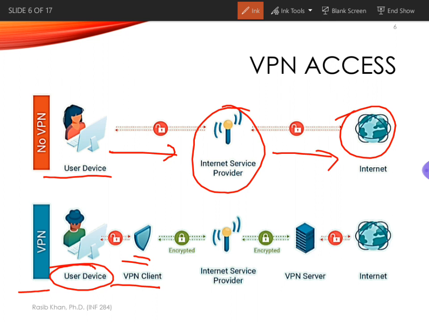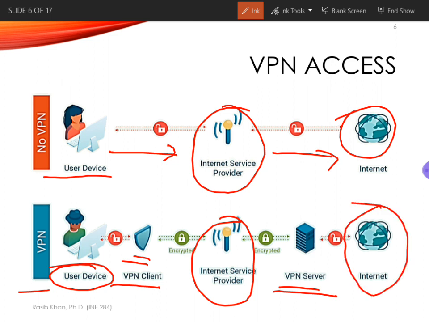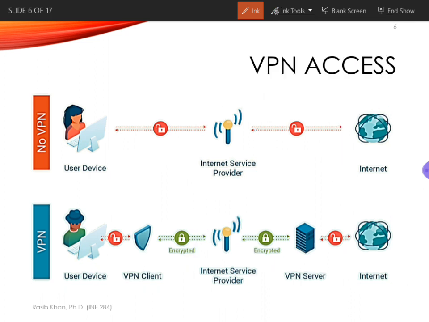So the user device uses a VPN client to access the network provided by the internet service provider, and then the internet service provider, with the help of a VPN server, allows access to the rest of the internet. And as you can see, all the connections which exist after the VPN client till it reaches the internet, all of these are encrypted.